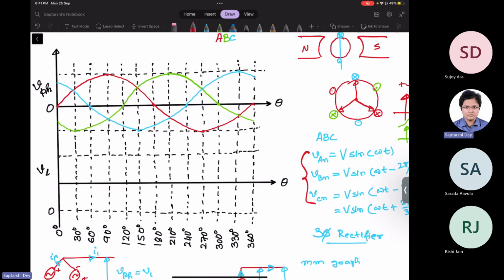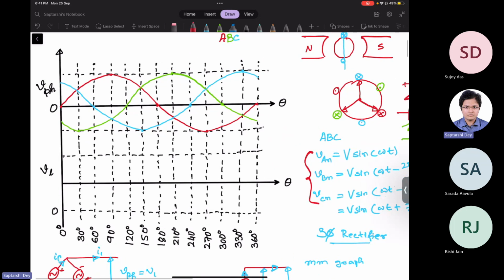VAB. Now this was our V, the red one. I should have marked. Red one was our VA. And we have seen that VAB will lead VA by 30 degree. So VA had its peak at 90 degree.